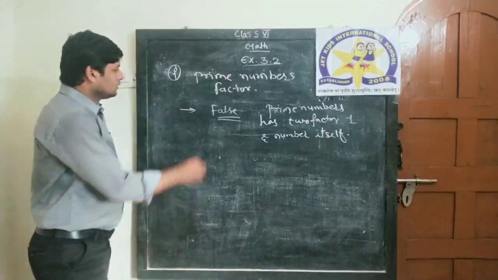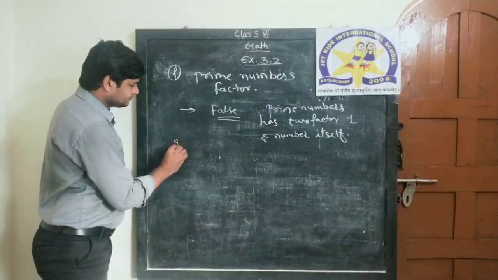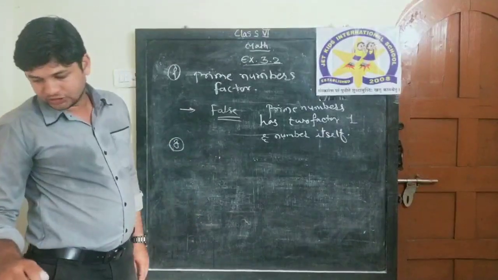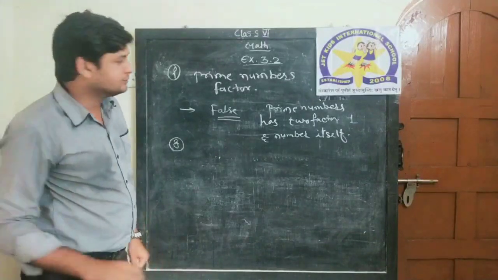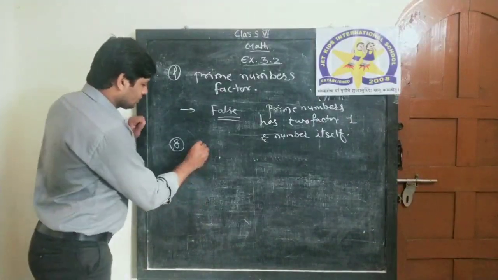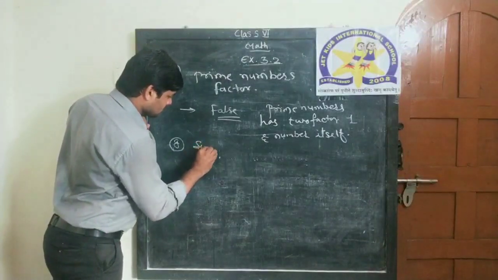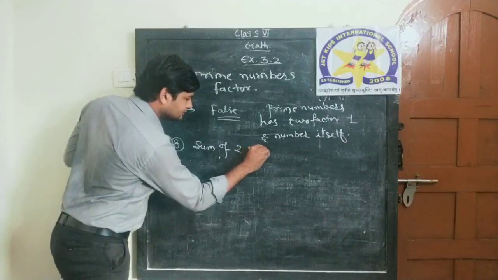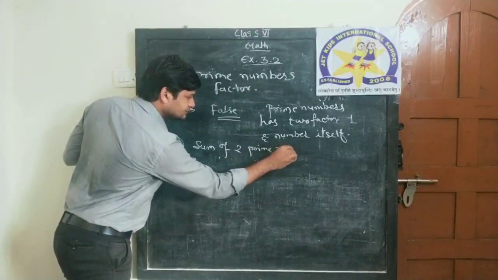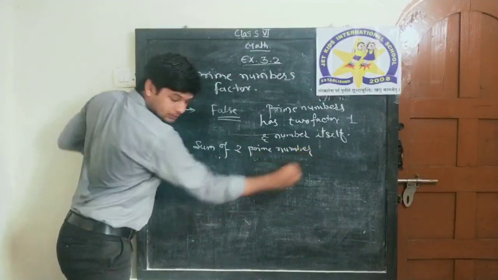Okay. Next, G, and G is sum of two prime numbers is always even. Am I right?